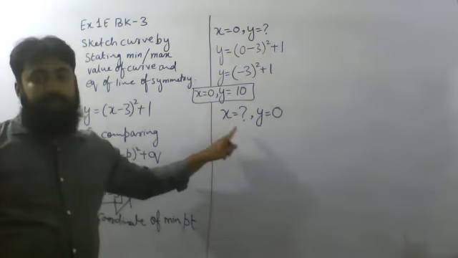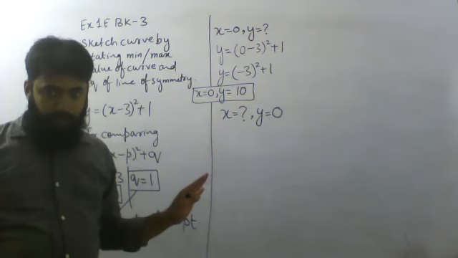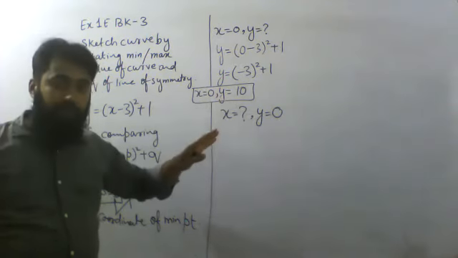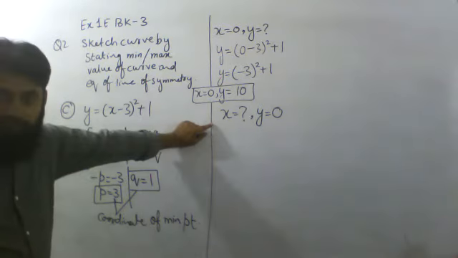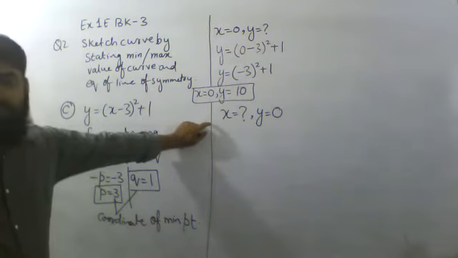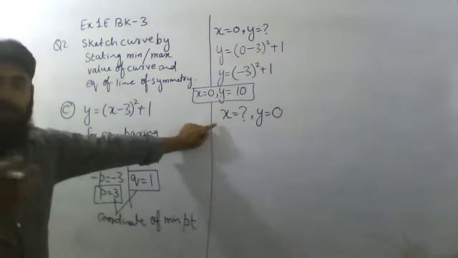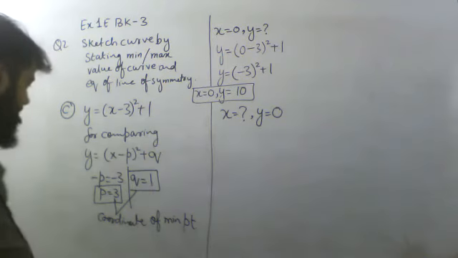Sometimes this will be possible, sometimes it will not. It can happen that the value of x is impossible to find, and sometimes no value of x will be there.